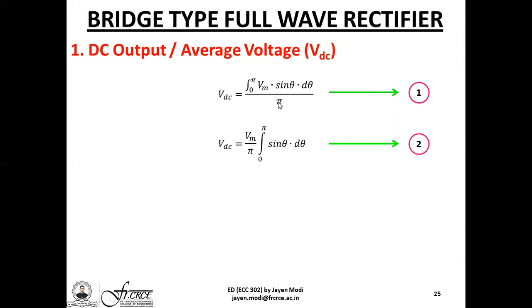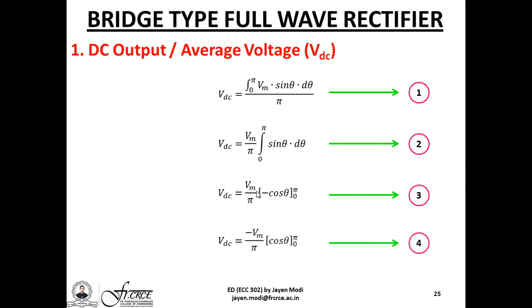The integration of sine theta is nothing but minus cos theta, and the limits applied are lower limit 0 and upper limit pi. Just to prevent confusion, we can take this minus sign outside. So this gives us equation number 4 as VDC is equal to minus Vm upon pi, brackets open, cos theta with the upper limit being pi, the lower limit being 0.